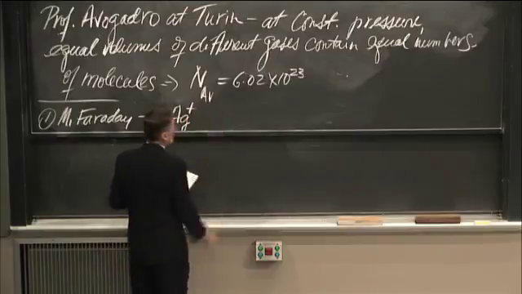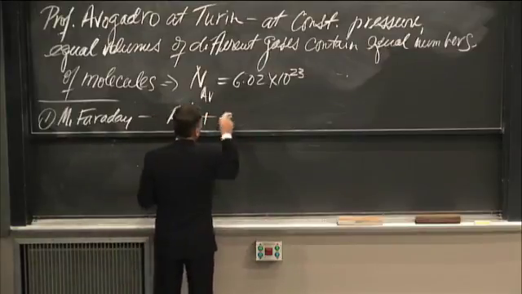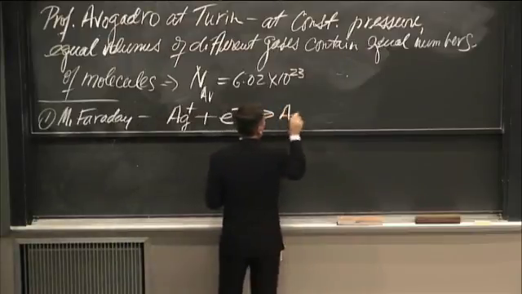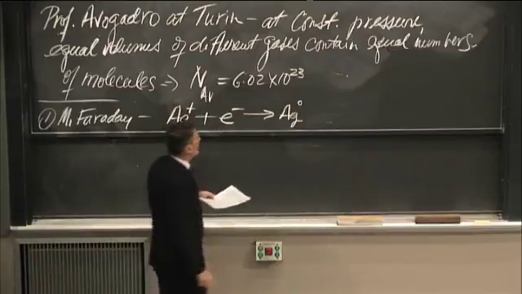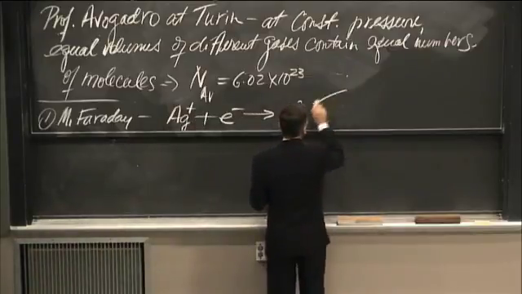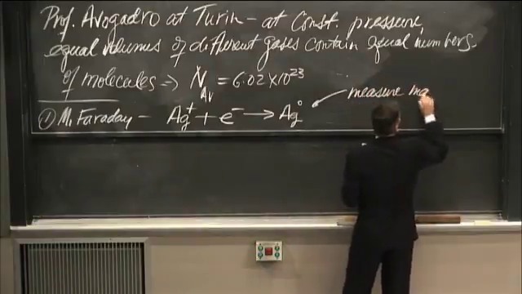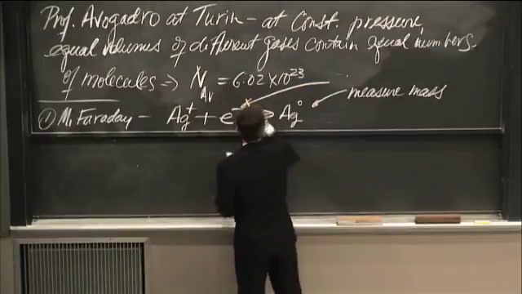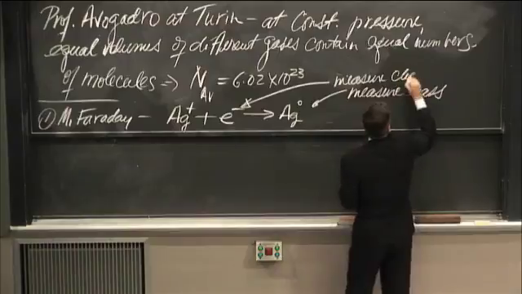So he starts with silver plus, a silver cation, and by the action of electric current attaches an electron to silver and renders it neutral silver, which now plates out onto an electrode. They measure the mass of silver plated, and they compare it to the amount of charge that was passed. They measure the charge.